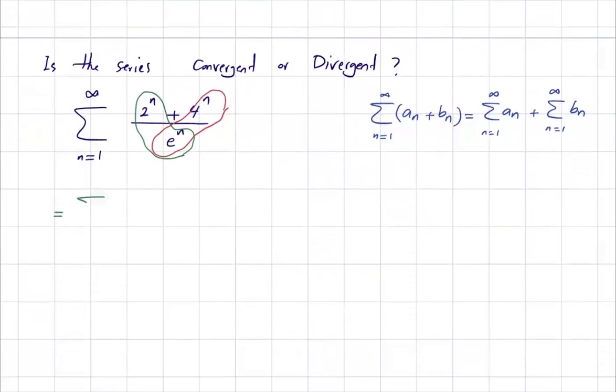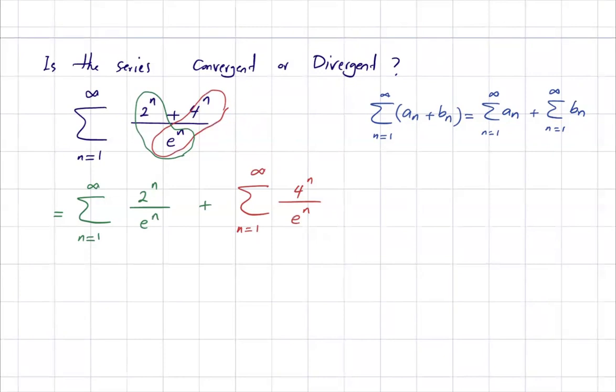So this guy can be written as 2 to the n divided by e to the n, n starts from 1 to infinity, plus the second series, which is the summation of 4 to the n divided by e to the n, n starts from 1, goes to infinity.